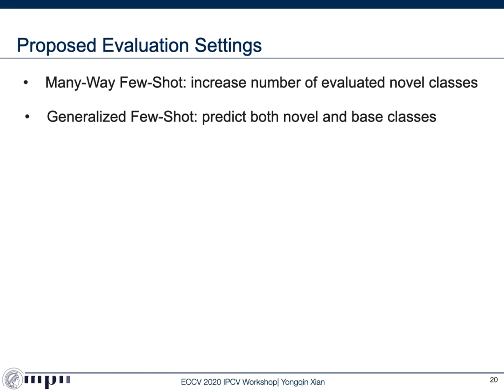Therefore, we propose more challenging evaluation setups, including many-way few-shot video classification, where we extend the number of novel classes up to all 24. Prior few-shot video classification only predicts novel classes at test time, which is unrealistic. Therefore, we propose a generalized few-shot video classification setting where the model has to distinguish both base and novel classes.